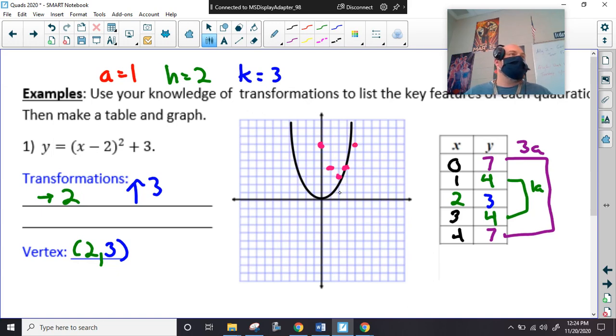Notice that the parent function I have drawn in black looks really nice because I used the technology thing. This one I did in pink, that's free-handed, and it looks like a 3-year-old did it, okay?